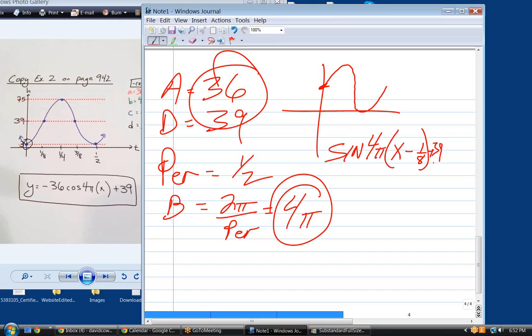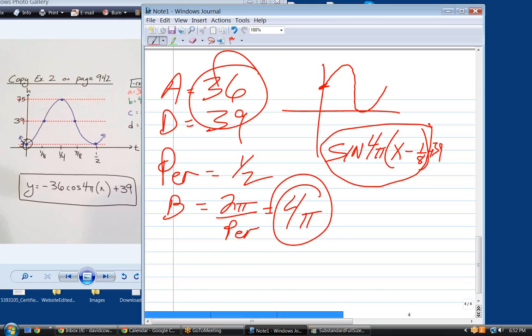Okay. But I'm not ever going to do this because you don't use a phase shift if you can classify it without a phase shift. In other words, I was able to call this a negative cosine curve, which it is, with no phase shift. It also happens to be a sine curve with a phase shift.